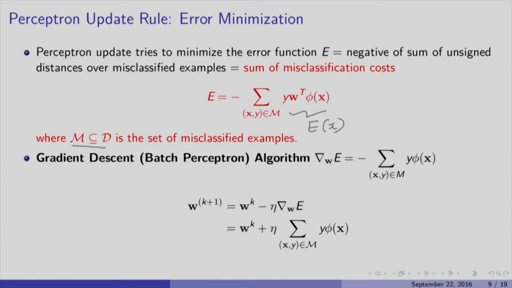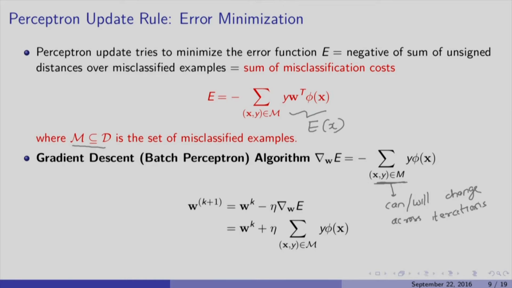If you apply gradient descent, it's also called batch perceptron algorithm, you will need to take the gradient of E at a particular instance of time with respect to w. So please note that the set of misclassified points can and will change across iterations.